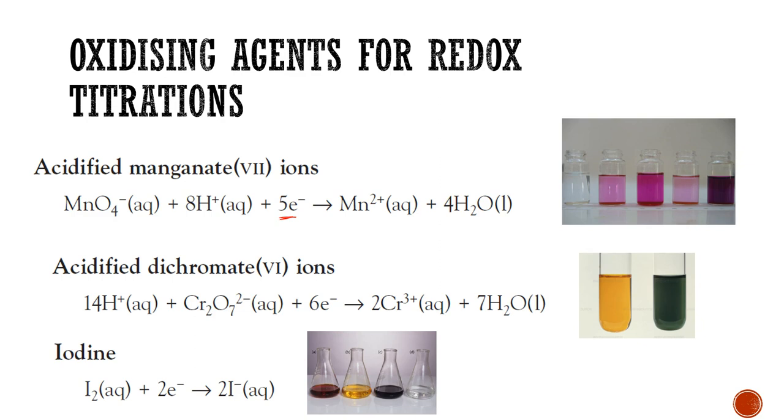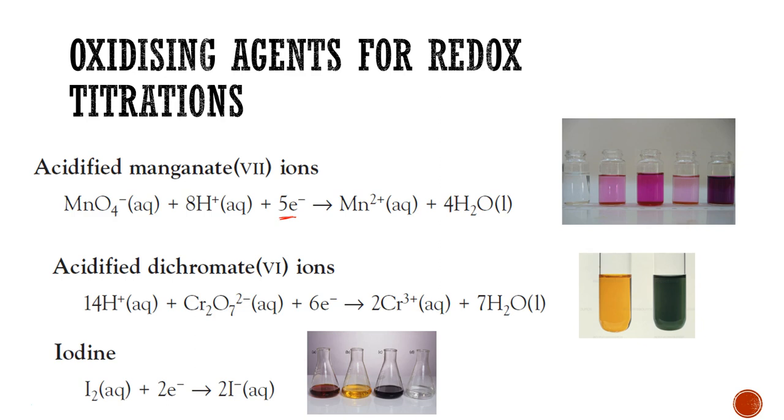So it will stay a very faint pink color, telling us that we've reached the end of the titration. So the end point will be indicated by a pink color, even though the reduced form of the manganese is colorless, okay? Because it means that there's just that little bit of manganese left over, which can no longer be reduced, so we know that whatever we were titrating against has all been used up.